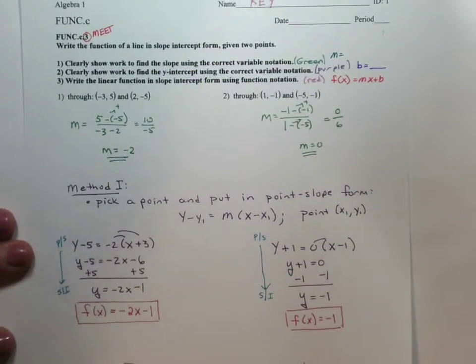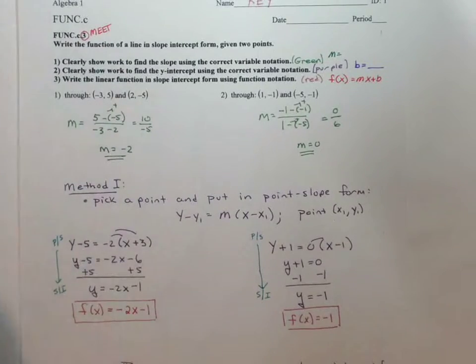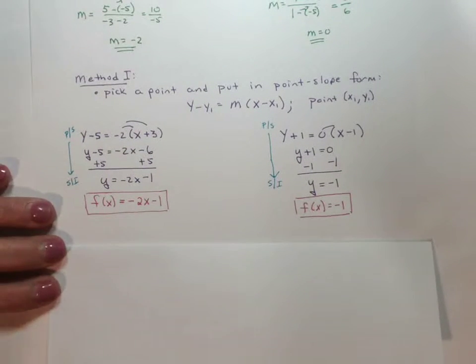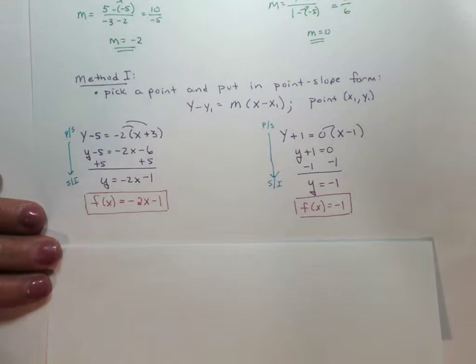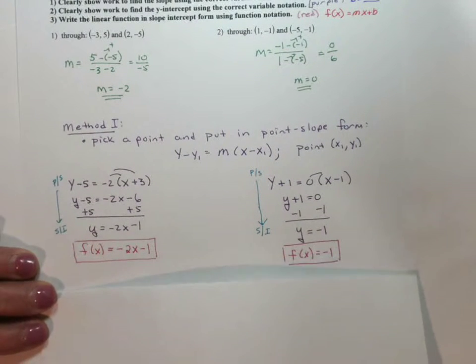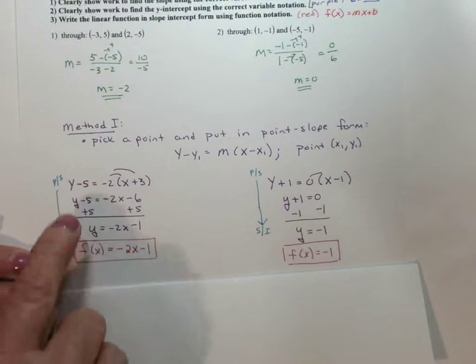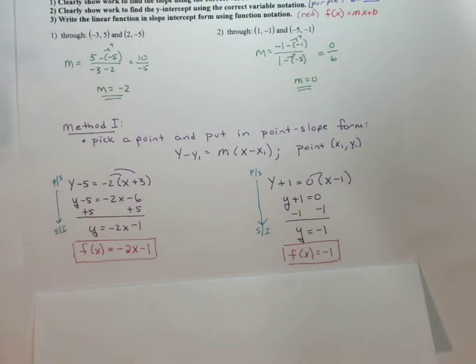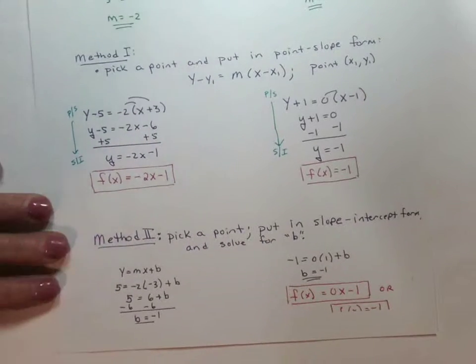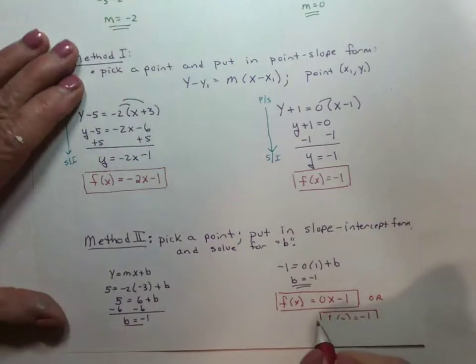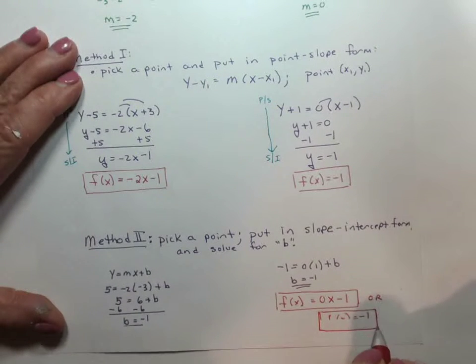Okay. For the meets, here's the answer. Here is the answer to the meets. And if you don't like this method, memorizing the point slope form, then there's a second method that you can use, and I'll leave that up to you.